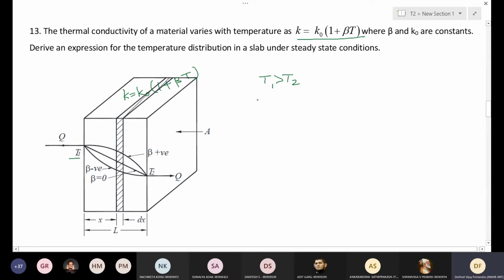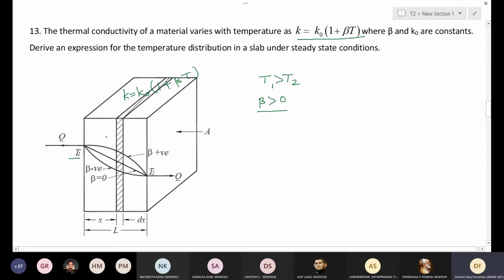If beta is greater than 0, that is beta is positive, then tell me where the thermal conductivity value is more, whether on the left side or right side. For beta greater than 0, left side. Yes, left side, sir.